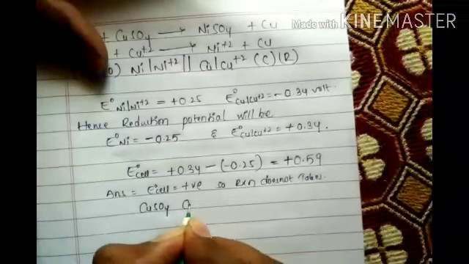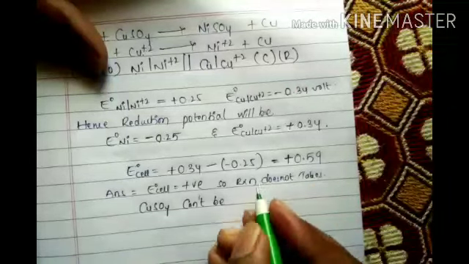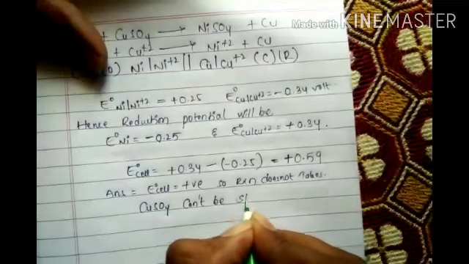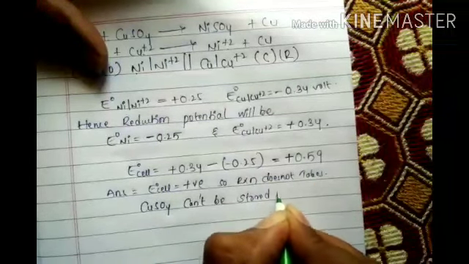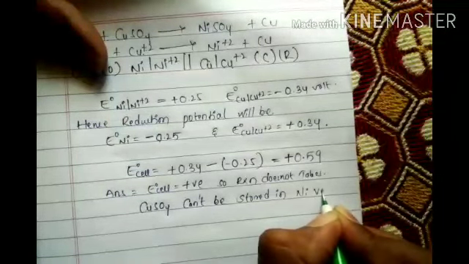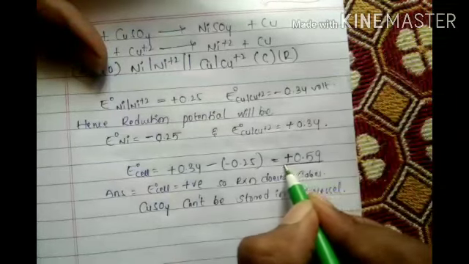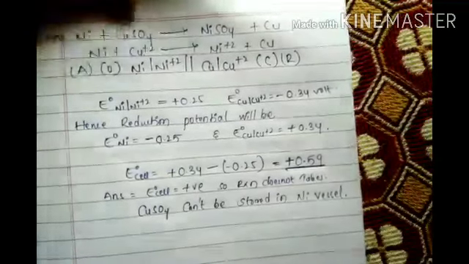CuSO4 can't be stored in nickel vessel. Reason is what? E naught cell is positive.